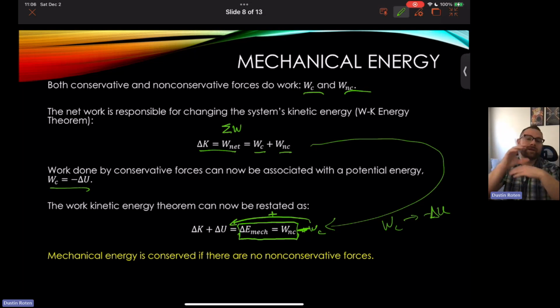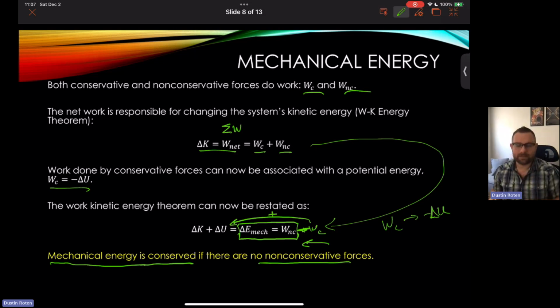That's when the total mechanical energy changes. That's why I've boxed this here, and it's super important. The big overall changes to the system's mechanical energy happen with the environment, and those are usually non-conservative forces, like friction. Mechanical energy, like I said, is conserved if there are no non-conservative forces. So in an isolated system, mechanical energy is preserved.